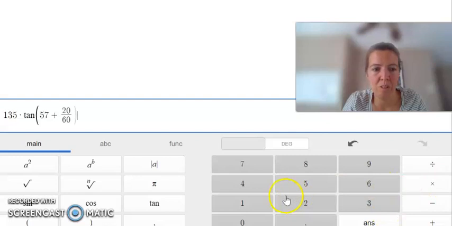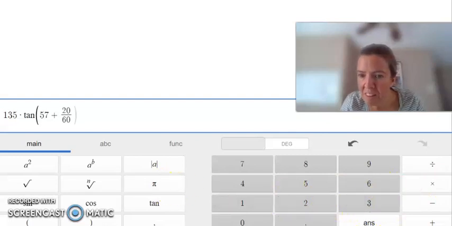Okay, close the parentheses. There it is.